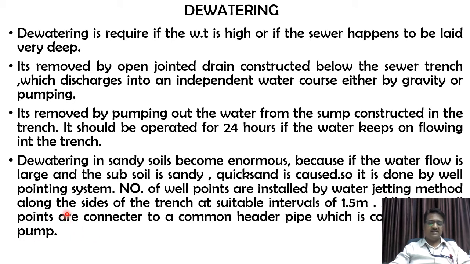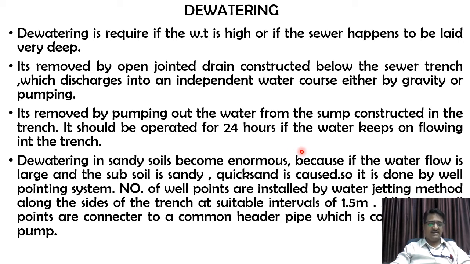Basically, whenever the amount of water is more, in sandy soil, we can have a number of wells drilled surrounding these trenches, so that the groundwater can be diverted into those wells, and in turn we can finish off the work in the trenches.